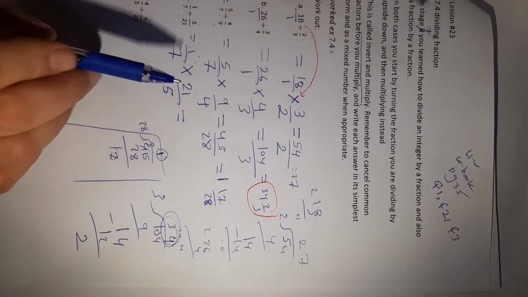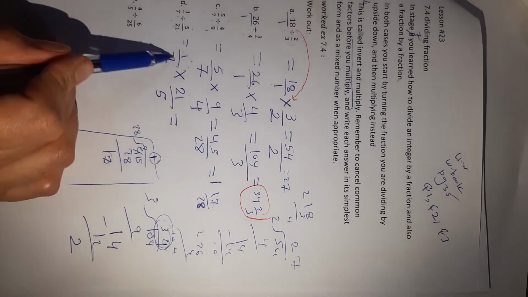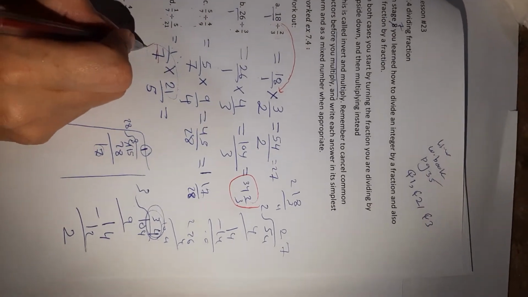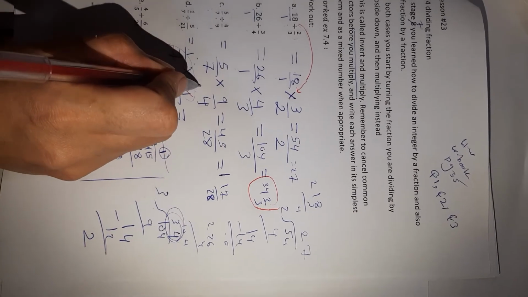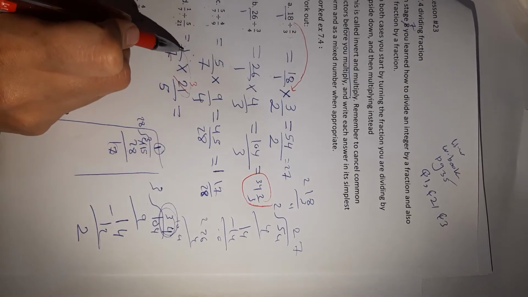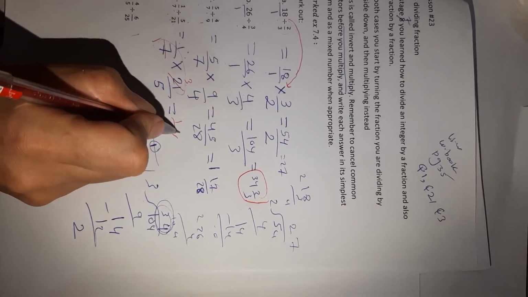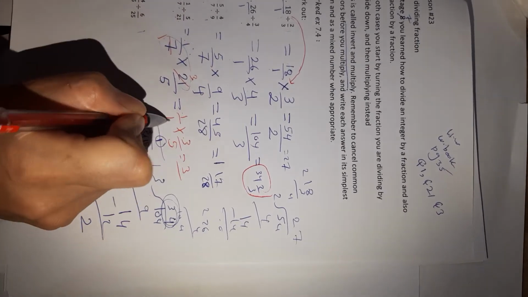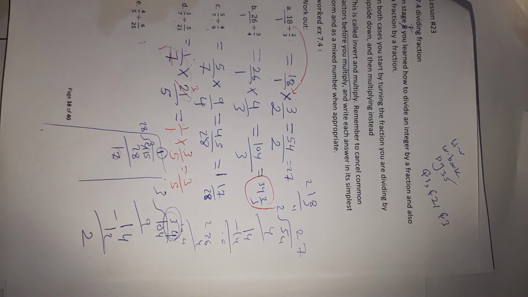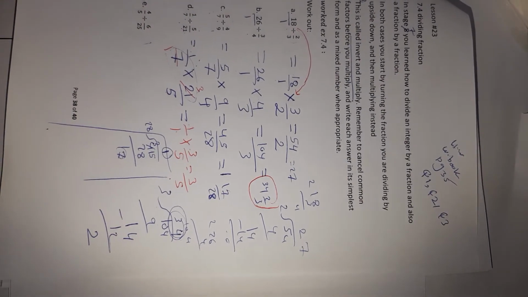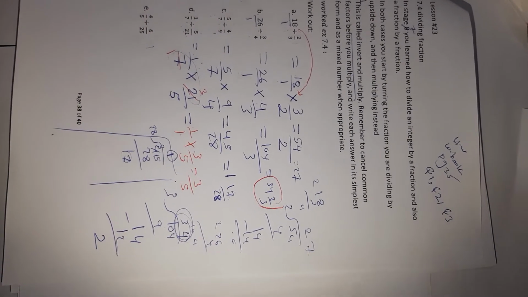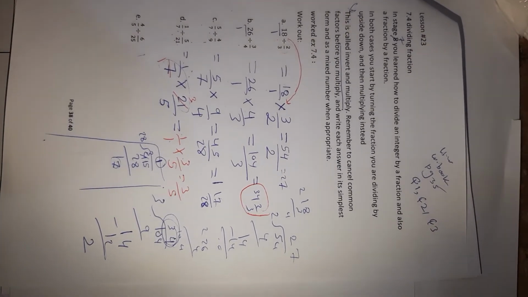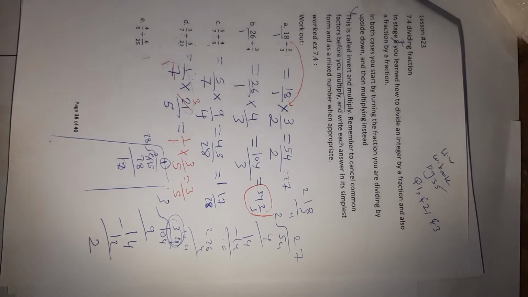Here, 1 and 5, there are no common factors. 7 and 21, there is a common factor, which is 7. 7 divided by 7 is 1. 21 divided by 7 is 3. So the question becomes 1 over 1 times 3 over 5, which equals 3 over 5. 3 and 5 have no common factors. It's not an improper fraction. The solution is in simplest form.